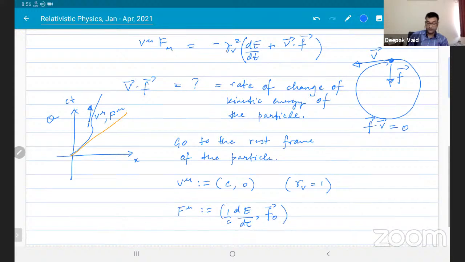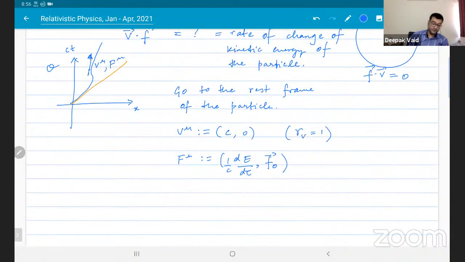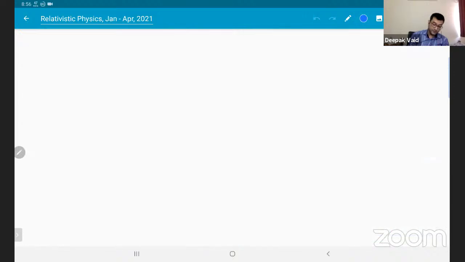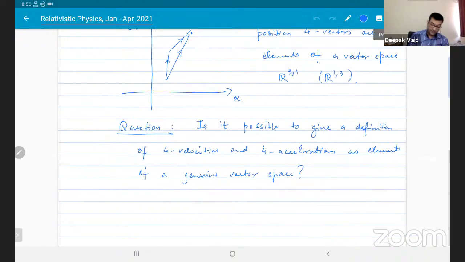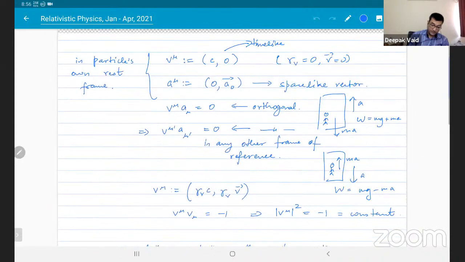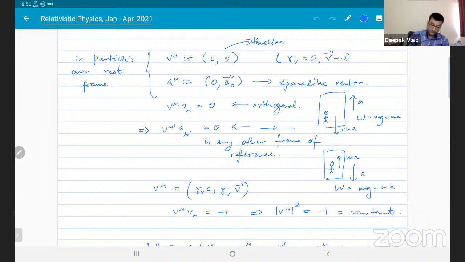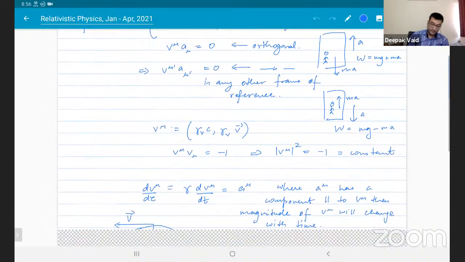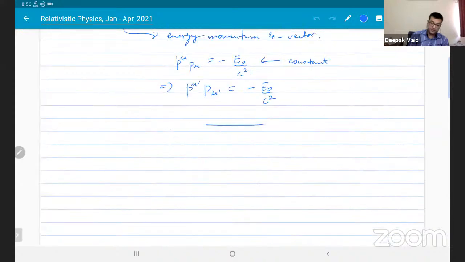Let me write that as F naught. Okay. So if you are in your rest frame and there is some external force acting on you, you will feel that force, right? Just as I explained in the previous class or the one before that, that when you have an acceleration, for instance, even in your own instantaneous rest frame, you will feel that acceleration, right? It won't vanish.